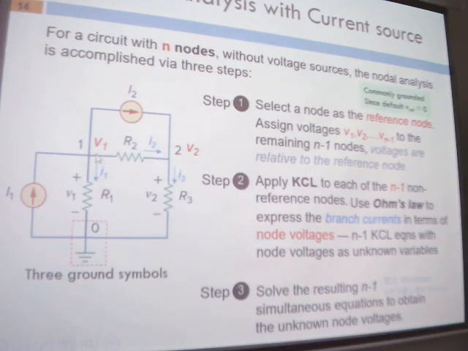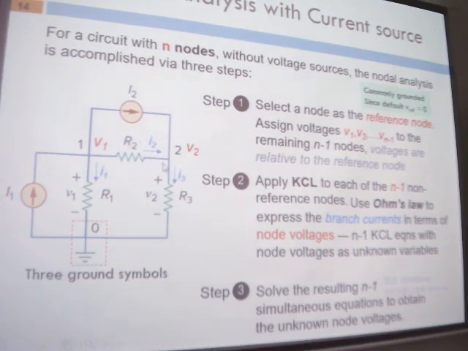How to write I1 in terms of V1? V1 over R1, because here we can see the resistance, and we can use Ohm's law to get the relation. V1 is equal to I1 times R1, so I1 should be V1 over R1. And here, look at this one. What is our I2?